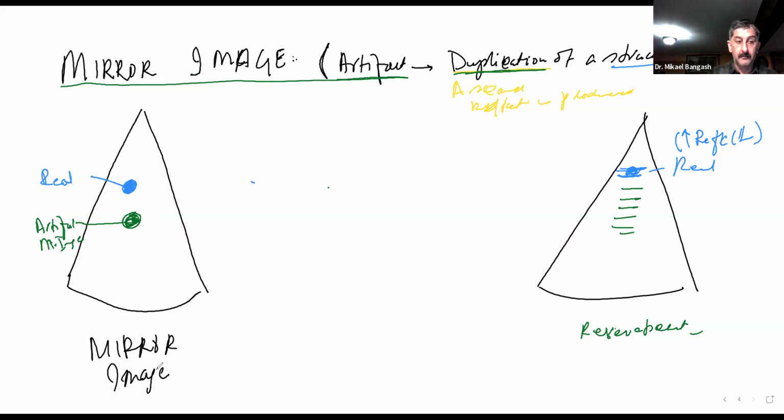what is it we will need? We can actually say this artifact here is the mirror image of this real structure here. But the reason we call it a mirror image is because we need something that is going to act as a mirror. And what is this structure here that's going to act as a mirror?